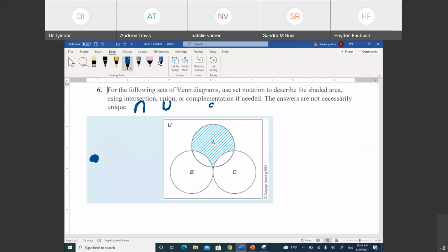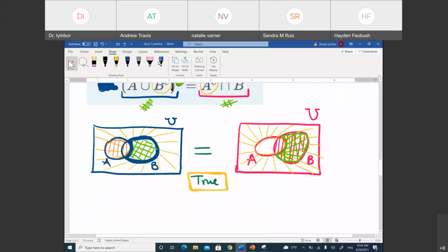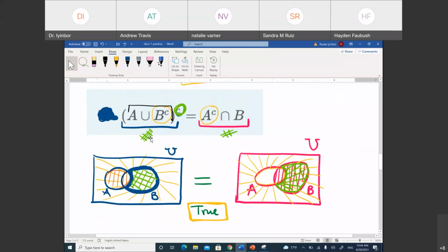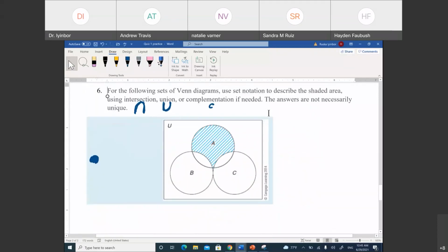And here the answers could be different because, if you look at the examples we just did, the same shaded area could be expressed in this form or in this form, right? So the answer could be different, but when you apply it, it should be the same shaded area.